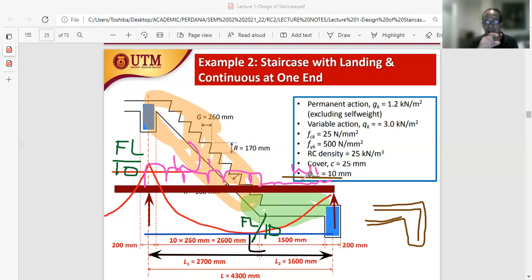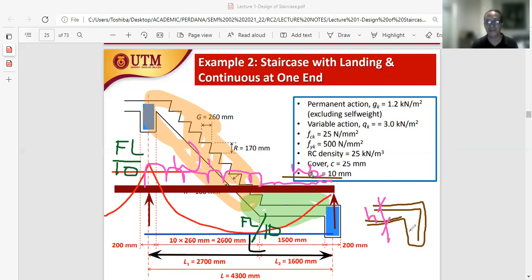And we have W2, sorry, this is not W1, it is W2. The W2 section is the loading representing the horizontal part, which is the landing part of the staircase. And clearly we will see there is a difference between W1 and W2, because for W1 we are using the average thickness, whereas for W2 we are using the actual thickness, this H.